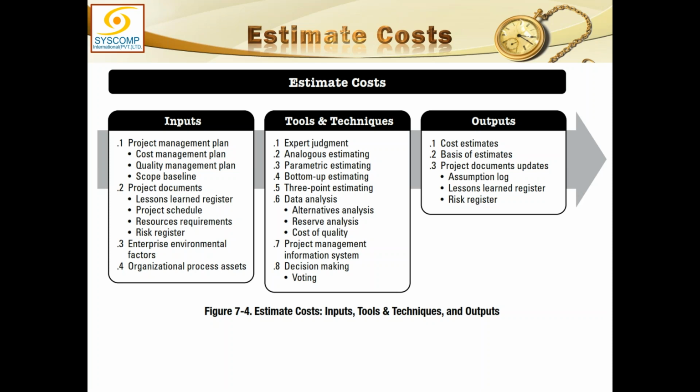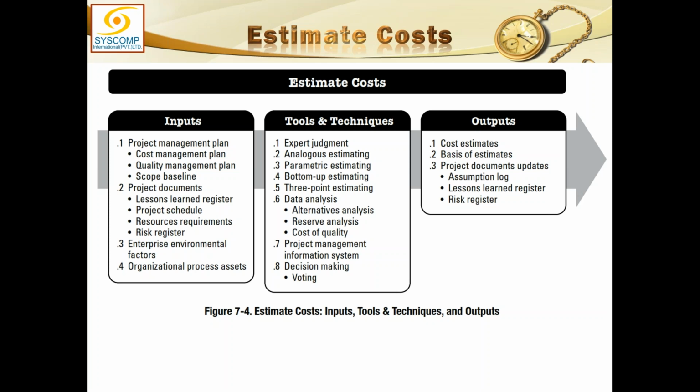Then there is the quality management plan, because I have to cater for the cost of quality. And then the scope baseline I have to keep in mind. From project documents, I am receiving the lessons learned register, the project schedule which has been created already, resource requirements, and the risk register, and naturally the enterprise environmental factors and organizational process assets.